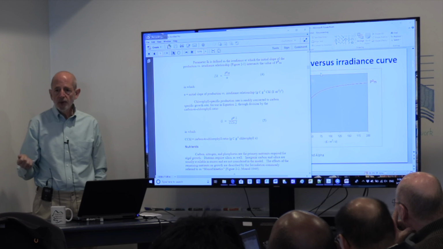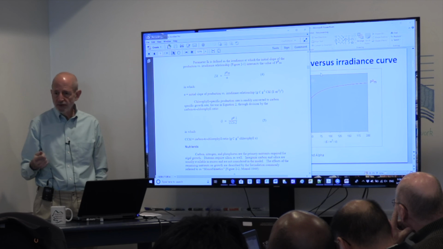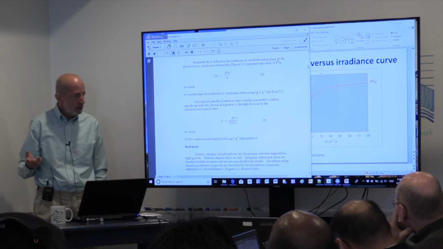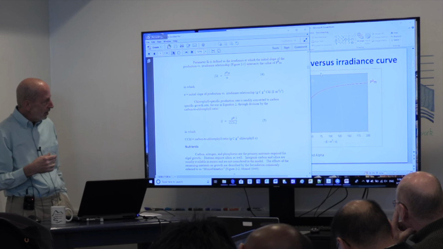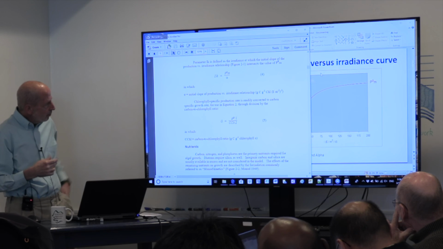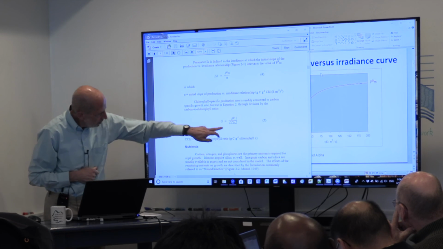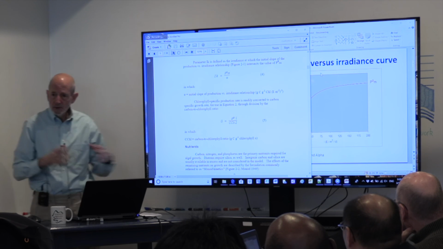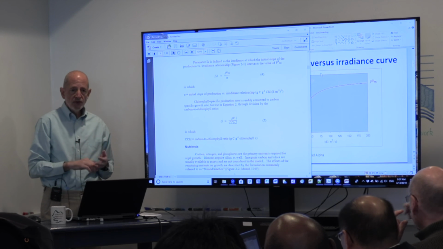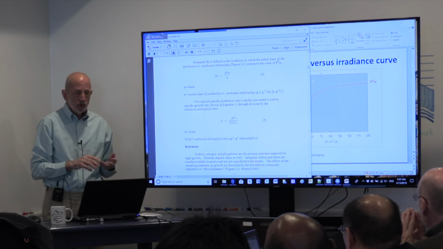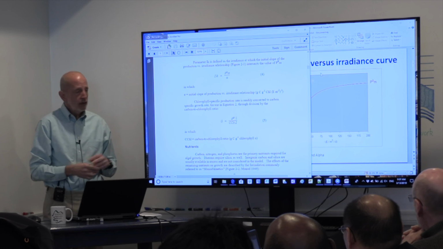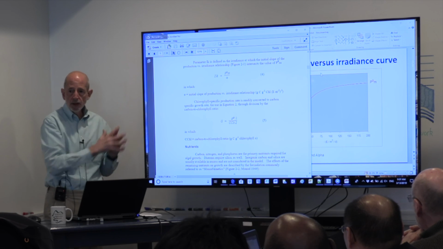Once again, it's a property of a specific species of algae. It varies. Lord, I don't even want to go into that, so I won't. But once you have this specific production rate, you can derive a growth rate for use in that conventional algal equation.